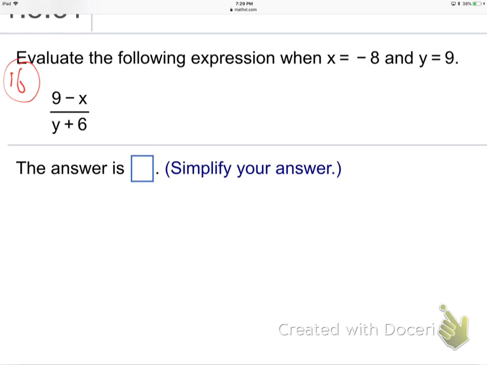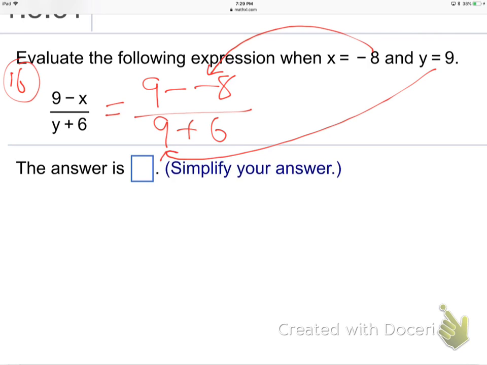This will be 9 minus, and x is negative 8, and y is 9. Is that good so far? Everybody see that? Now, what do these double negatives do?